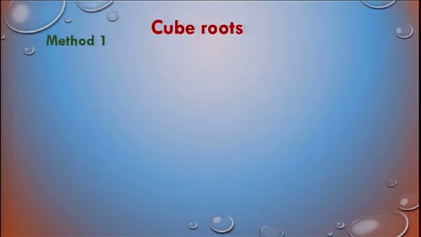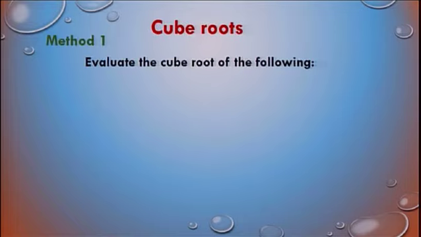We're going to start with the first method, where we are going to find cube root of 8. We're going to write 8 as a product of its prime factors. Here you will see that we have 3 number 2 under the cube root. The answer will be one of them.